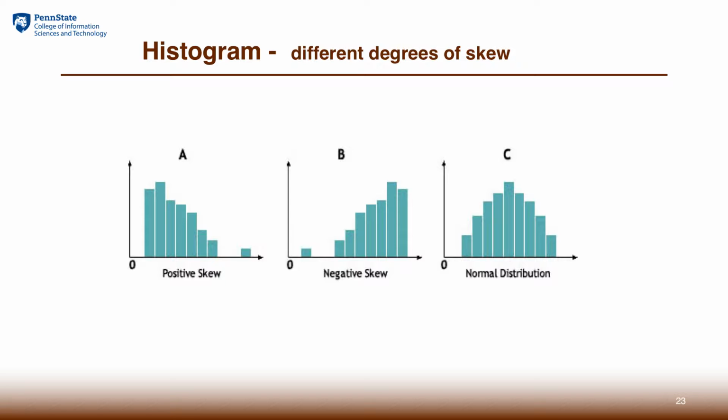You can choose how many intervals for the histogram. In the GeoDA program, there's an option that you can choose how many intervals. So the shape of this histogram will reveal the kind of distribution, whether it's a normal distribution or a skewed distribution.